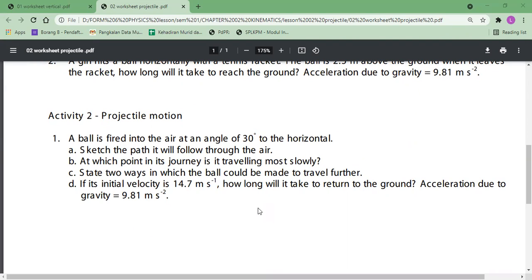C: State two ways in which the ball would be made to travel further. Okay, two ways. D: If its initial velocity is 14.7 ms-1, how long will it take to return to the ground? Acceleration due to gravity is 9.81 ms-2.